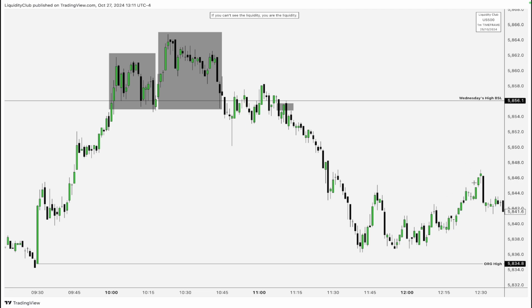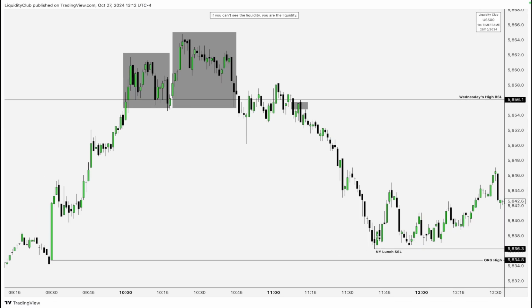The moment we break above this high, they believe in it even more, that this is going to be a really safe place to trail my stop loss. Many of them will trail their stop loss to New York lunch low, believing that this is a safe place to keep my stop at.